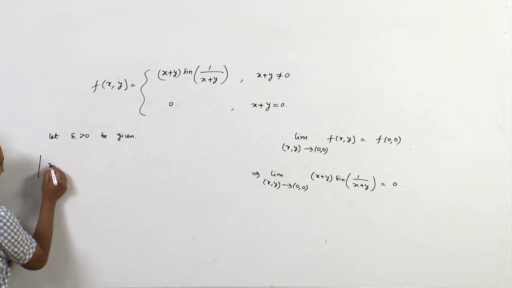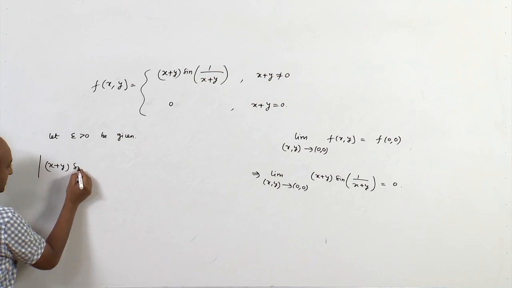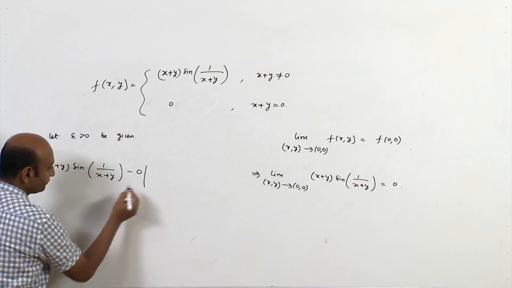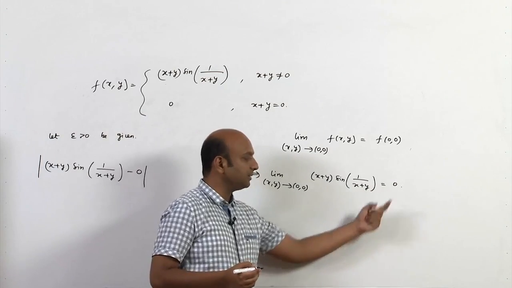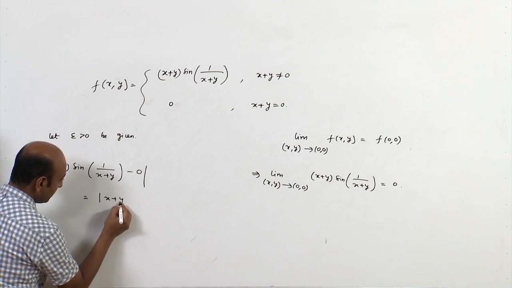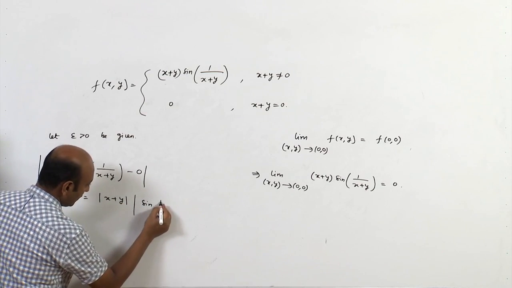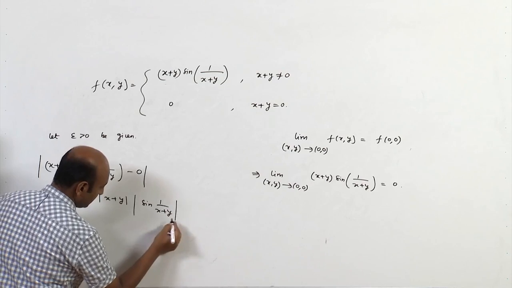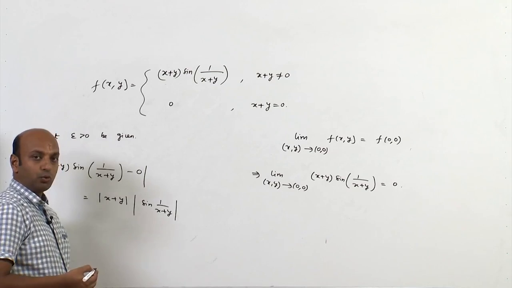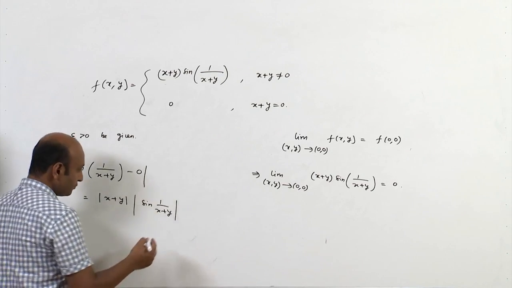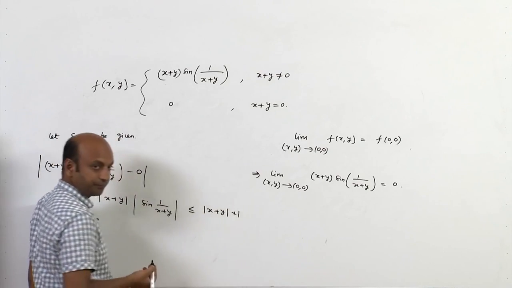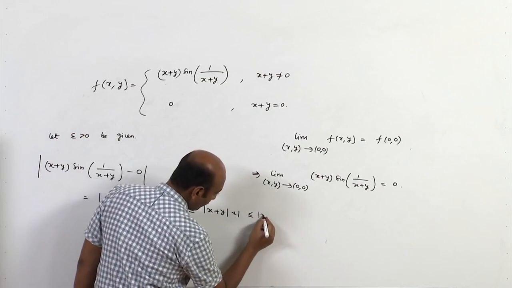Now, take the mod of (x plus y) sine 1 upon (x plus y) minus 0, that is, f(x,y) minus L. This is equal to mod of (x plus y) into mod of sine 1 upon (x plus y). Now, the mod of sin theta is always less than or equal to 1 for any theta. So, this will be less than or equal to mod (x plus y) into 1, and this is less than or equal to mod x plus mod y.